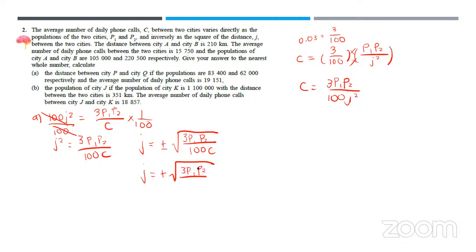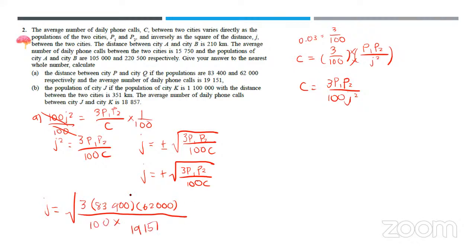Now, finally, we can find the distance by subbing in all of these values over here. So J is equal to the square root of 3 multiplied by 83,462,000 divided by the average number of phone calls, which is 100 multiplied by 19,151. All that square rooted.